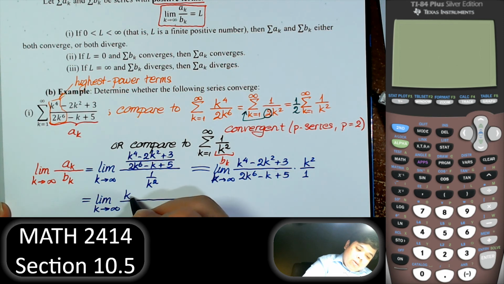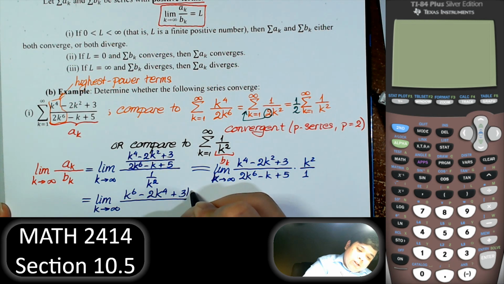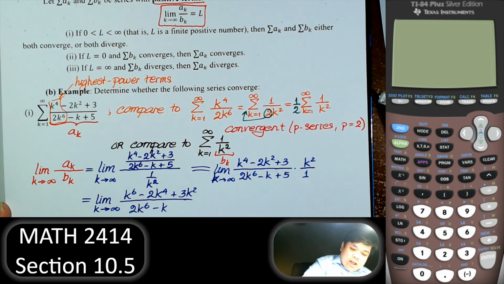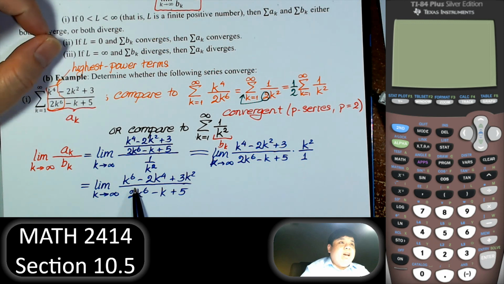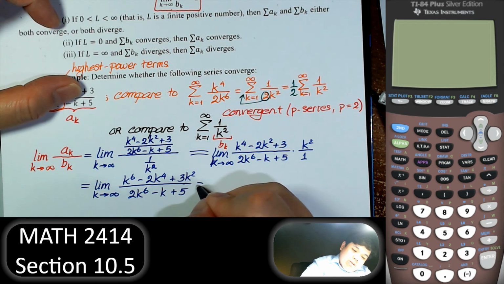We will have k to the 6th power times k to the 4th plus 3k squared, over 2k to the 6th minus k plus 5. Of course, when we're trying to find a limit, just take the highest power.